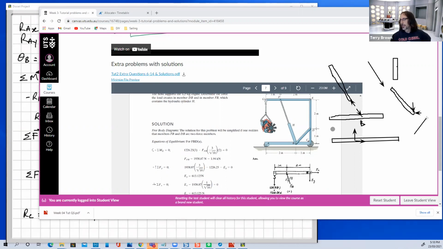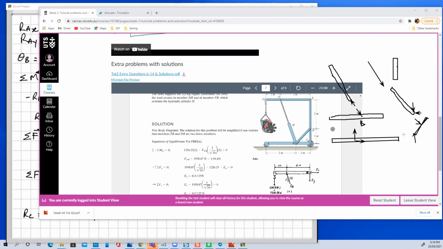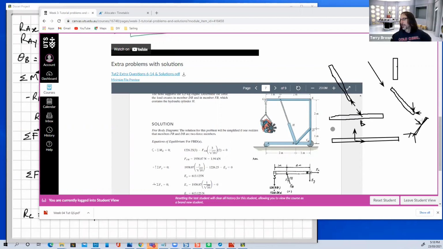So you've got this other one here, and you just have to add them all up somehow. Let's say there was a force acting on the middle of this thing. Then you've got a reaction force here, and another at the other end. So it's probably going to be statically indeterminate and you can't solve it.